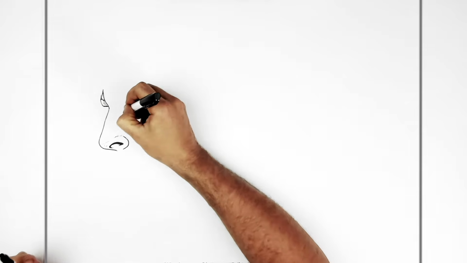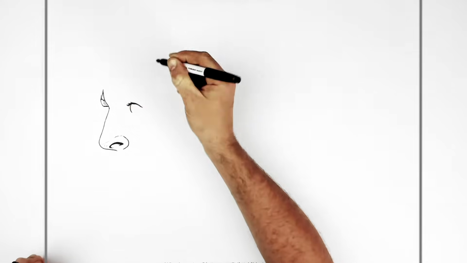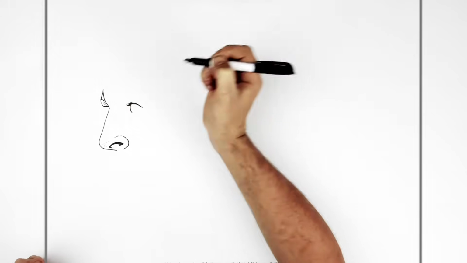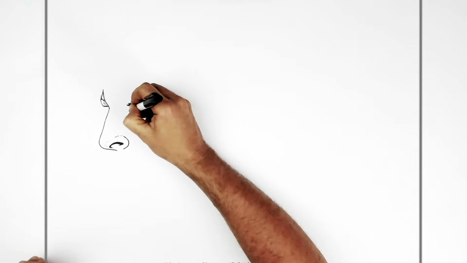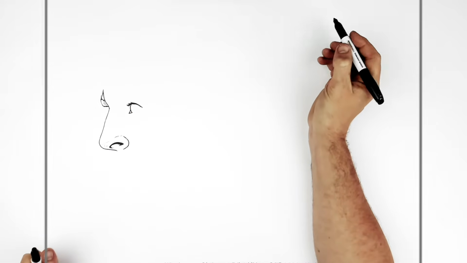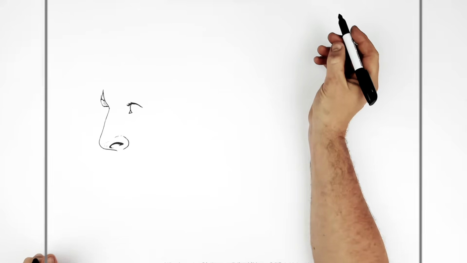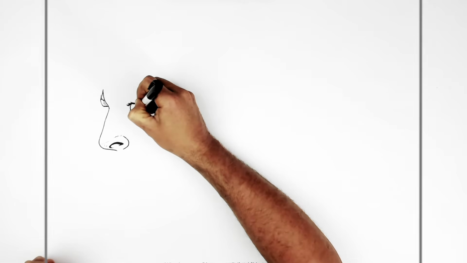And then his eyeball, the eyeball itself, right? So it sort of curves this way, like so. And then we have his tear duct just here. The bottom eyelid line then just curves back up this way.